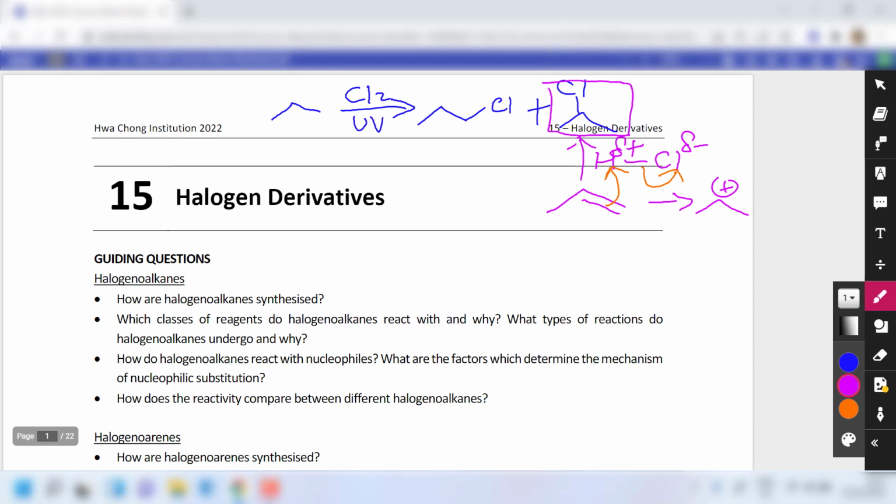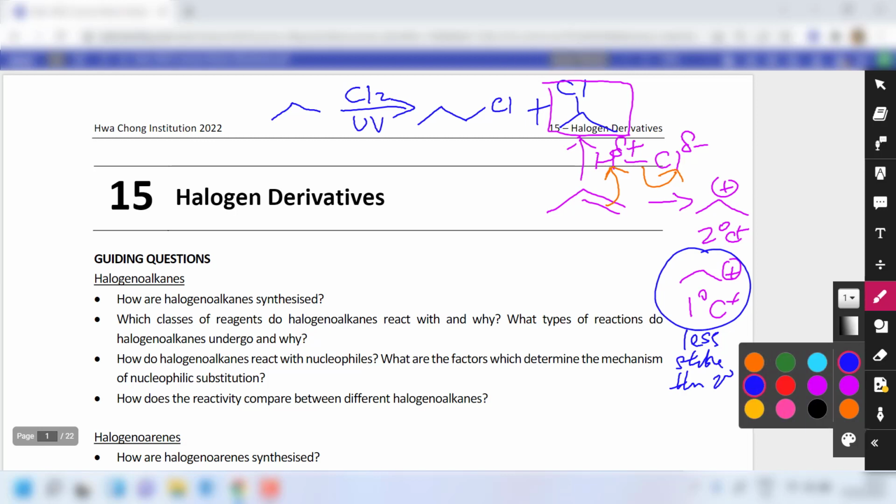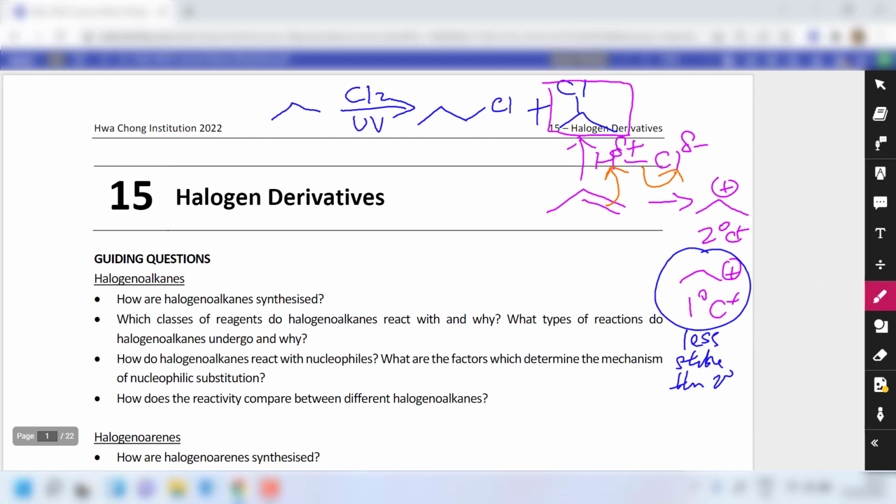Potentially I can generate a primary carbocation, but this is less stable than secondary carbocations, so it will be formed less favorably. You also realize that you can produce chloroalkane through electrophilic addition to alkenes.